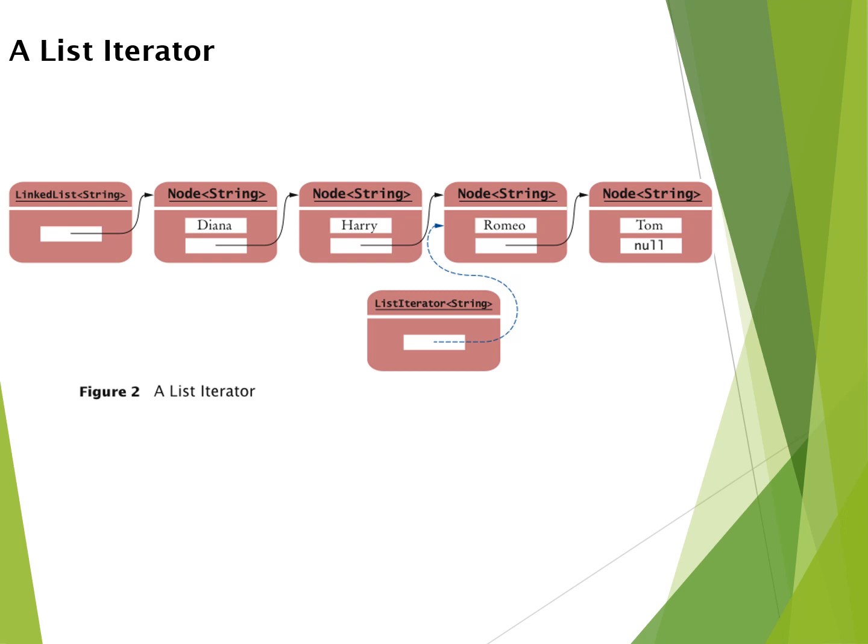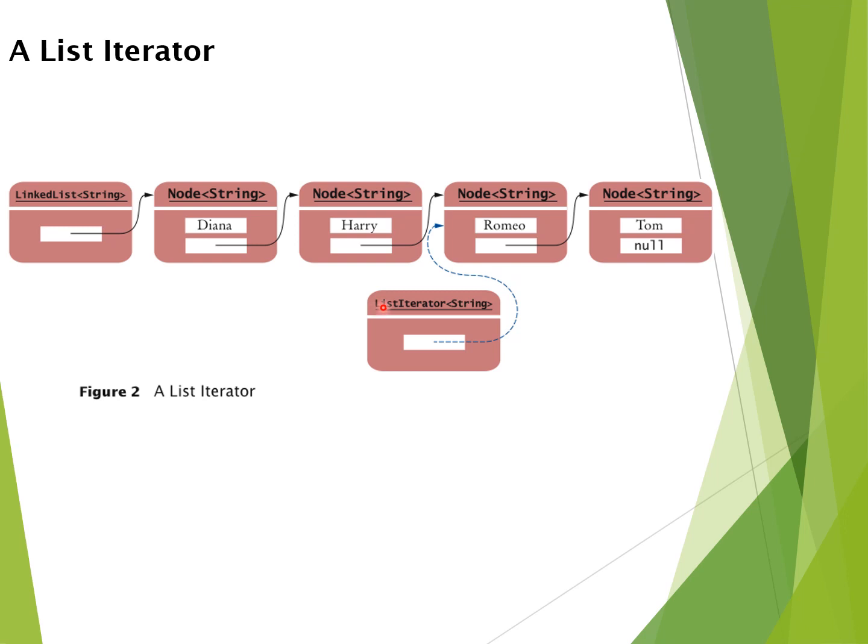Here is an example, a schematic view of a linked list of strings and a list iterator of strings. So this was what we have seen before, which is a list of 4 strings: Diana, Harry, Romeo, and Tom. And also we have a list iterator that is working on this list and points to one of the positions or one of the nodes in this linked list.